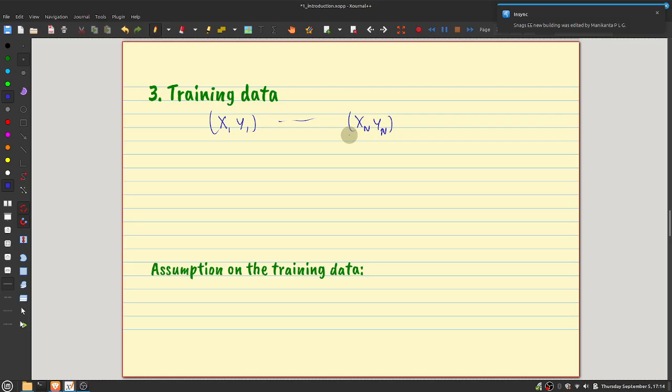And the goal is to design an algorithm such that given a new sample, a completely fresh sample, you are able to predict the correct label reasonably well.